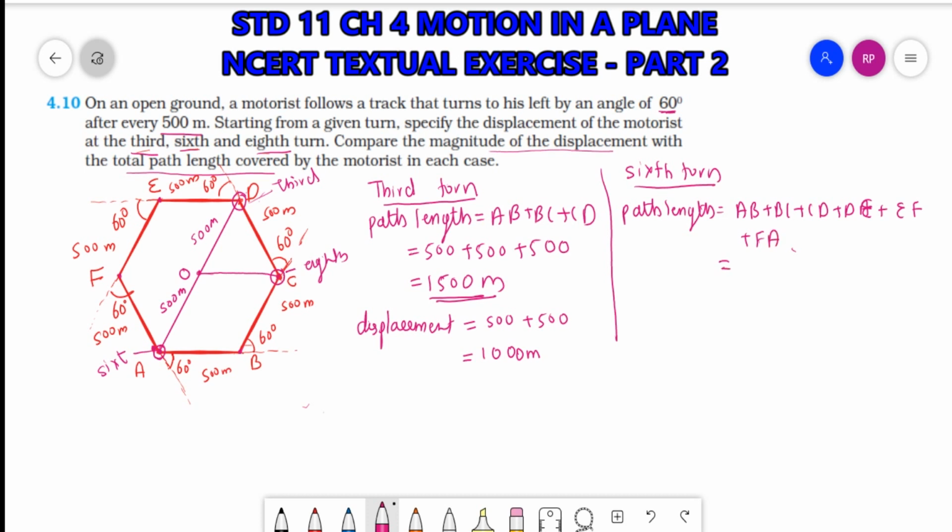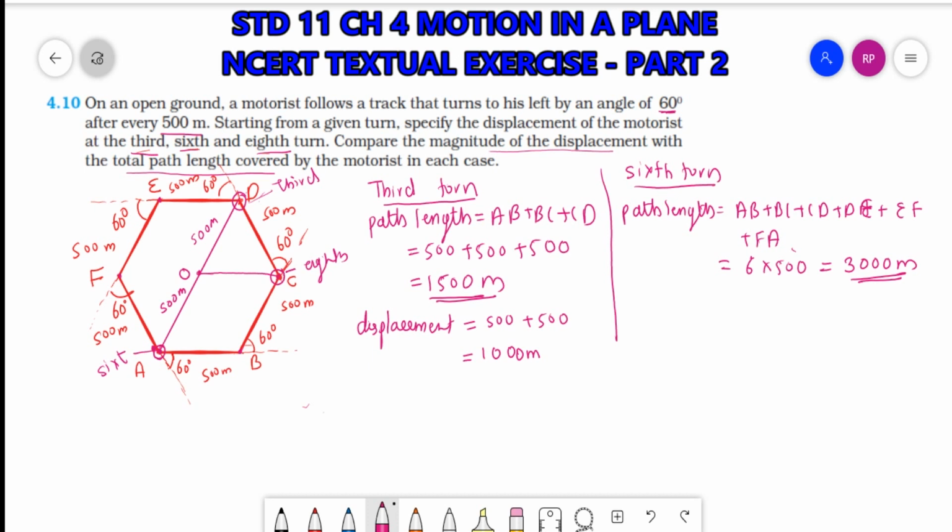So I can write down 6 times 500, that is 500 plus 500 plus 500, 6 times. So 6 into 500, and that is equal to 3000 meter. So at the sixth turn, the path length is 3000 meter.